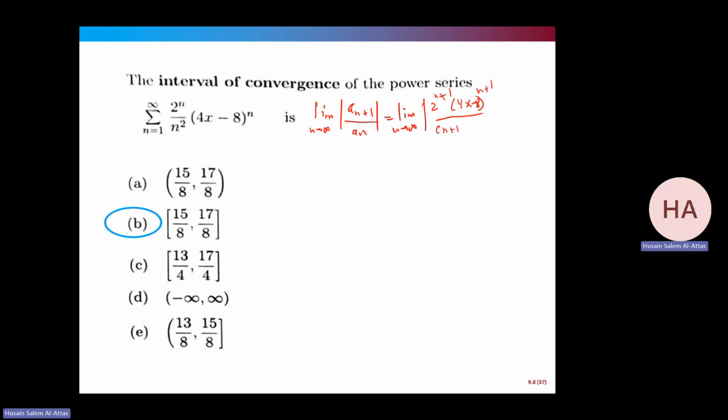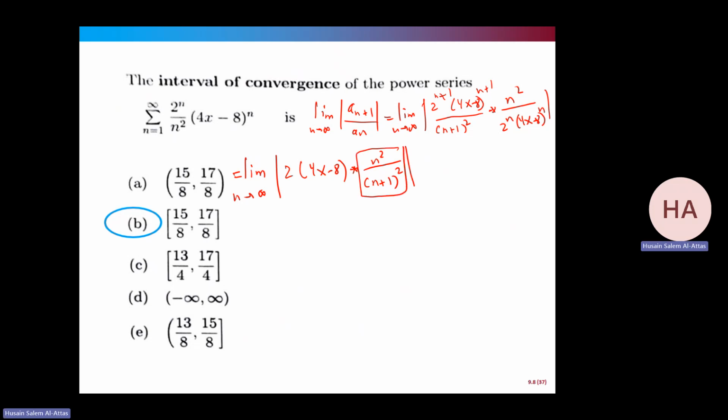Times the reciprocal of this: n squared over (n+1) squared, 2 to the power n, (x minus a) to the power n. Okay. That will be the limit as n goes to infinity of what? I have 2, and I have 4x minus 8. Then I have n squared over (n+1) squared. The limit of this is 1.